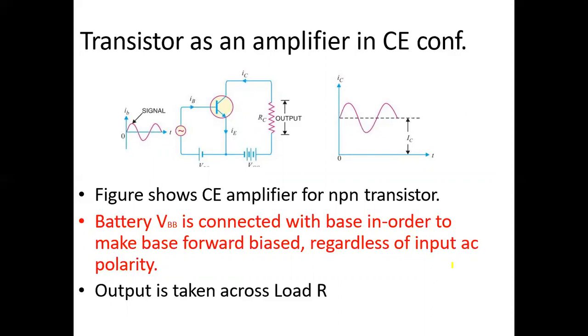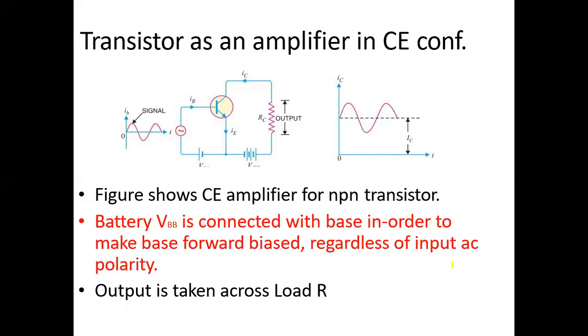Here, for a small signal we get a large signal at the output terminal. The emitter base circuit is the input circuit, and the collector emitter circuit is the output circuit. We take the output across a load resistance, and finally we get an output current that is much larger than the input current.